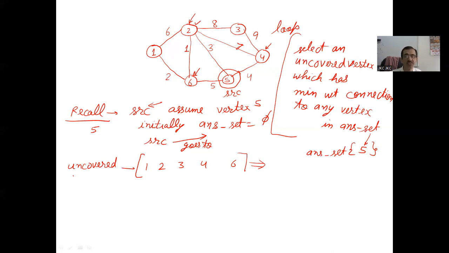Going more systematically, I will say that all these uncovered vertices need to know which is their minimum weight edge to a vertex in the answer set, individually.